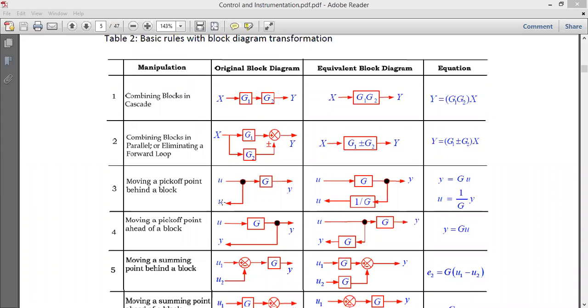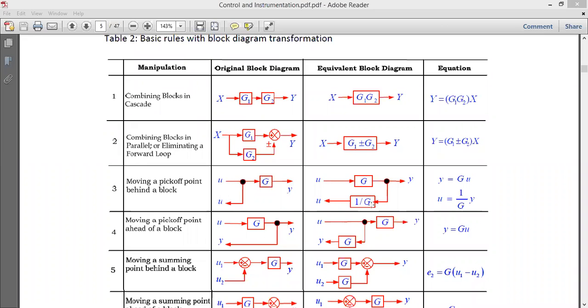You have one block of G and one output Y. Whenever you shift this takeoff point after the block, meaning after this block G, you need to add one extra block, represented by 1 divided by G. So I repeat, if you want to shift this takeoff point after the block, towards the left side, you should add one block, that is 1 divided by G.